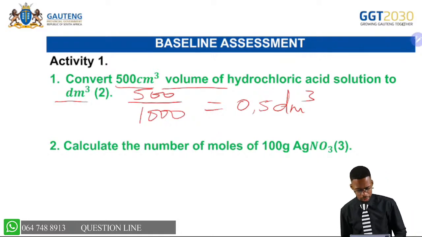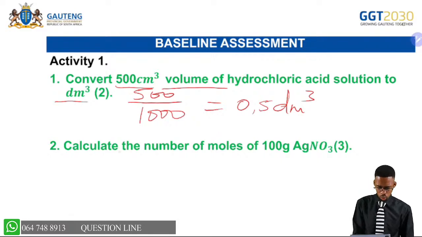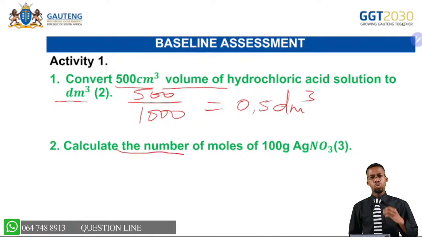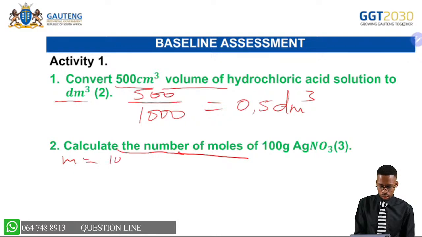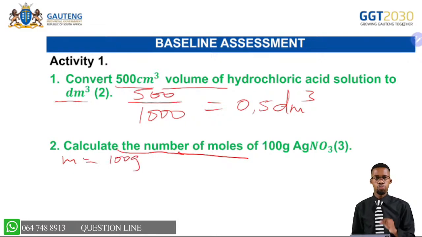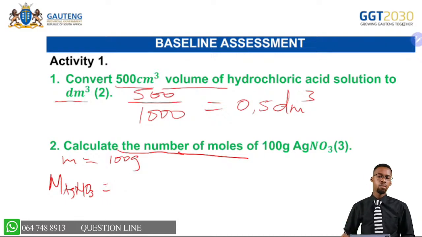Let's look at the second question. Calculate the number of moles. This is what the question wants, the number of moles. What is it that we are given? We are given the sample mass, which is 100 grams, small m. And we can get the molar mass of silver nitrate by using the periodic table.